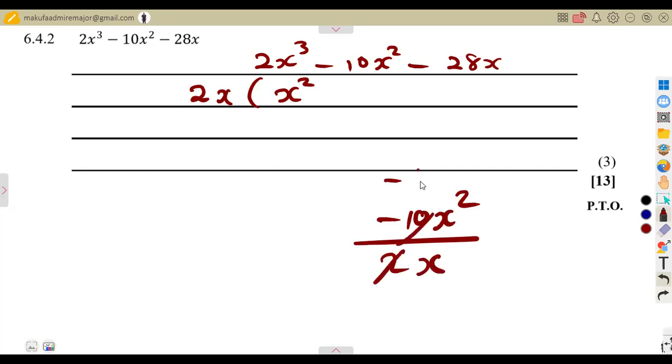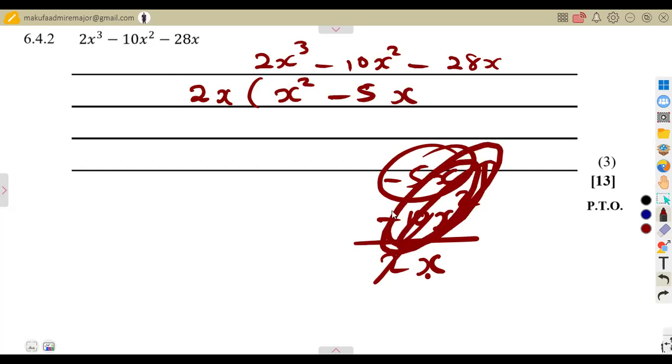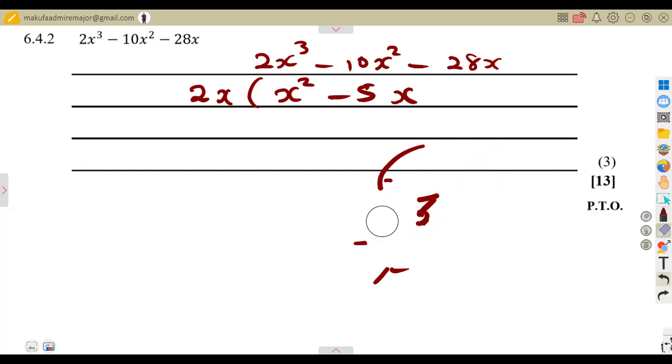This was going to be minus 5x. How many are there here? There are 2, so divide, you're going to remain with minus 5x. You do the same thing with the negative 28x divided by the 2x that you factored out. x and x were going to cancel. So minus 28 divided by 2, it was going to be a minus 7.